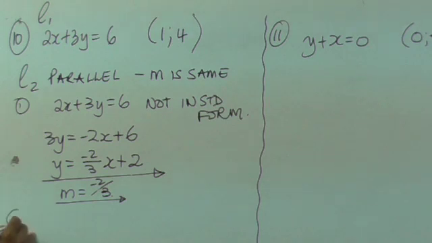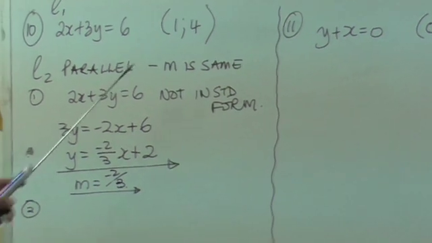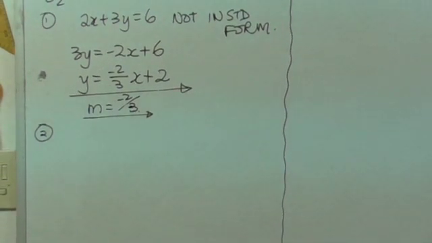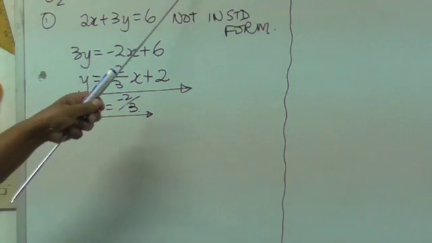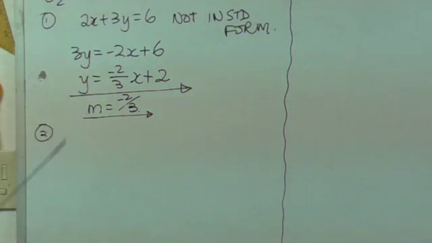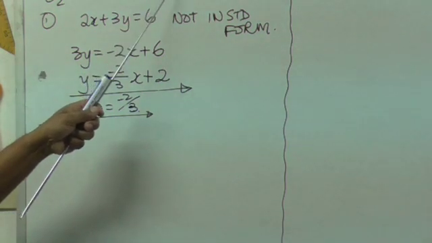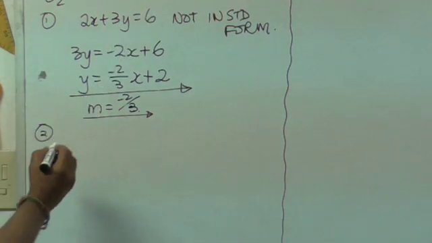Number 2, we want c. Now (1, 4) is not the coordinates of a y-intercept, it's just any ordered pair. The coordinates of a y-intercept will always have 0 here. So this is not a y-intercept, and we have to calculate c.